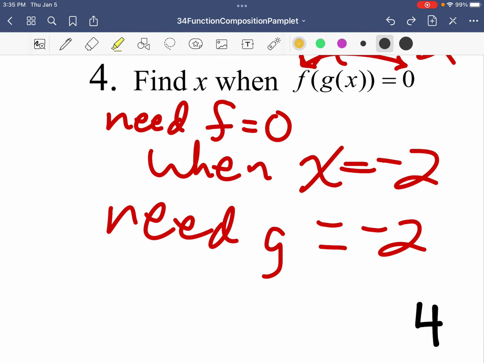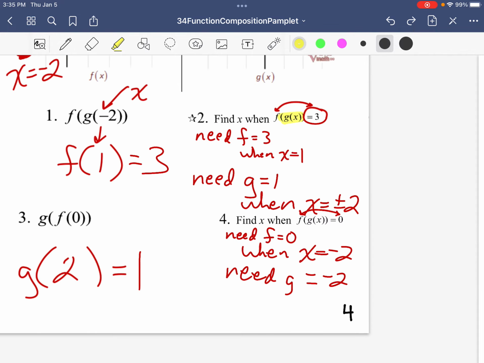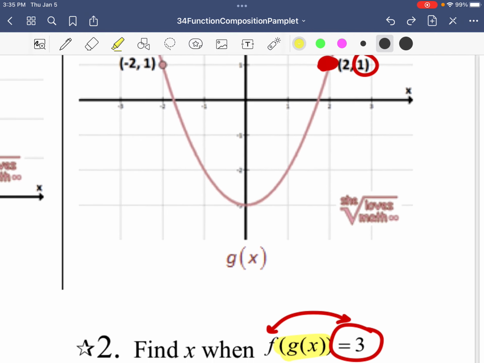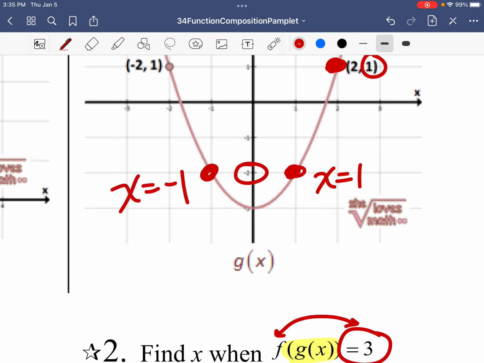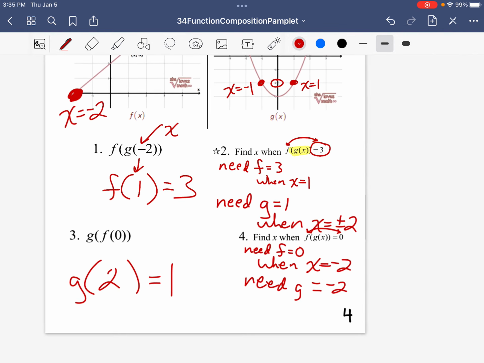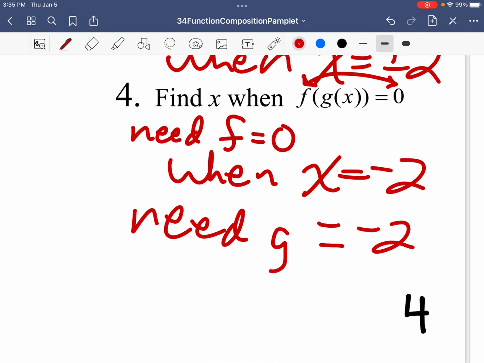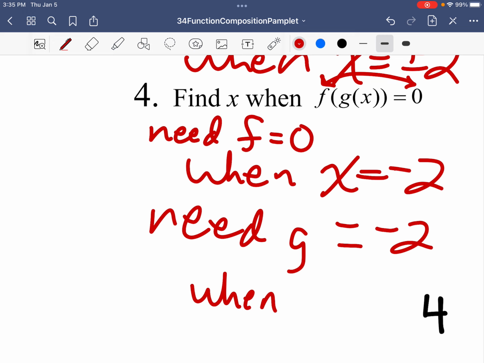So what's happening now is that -2, I'm referring to this -2, is now a y value. It's a y value on my g graph. Where's the y value of -2 on the g graph? Yeah, it's at both these places, when x equals 1 or x equals -1. So I need g to equal -2, but that happens when x equals plus or minus 1.